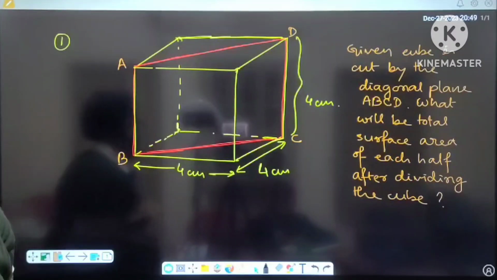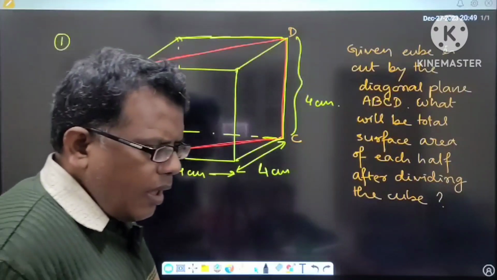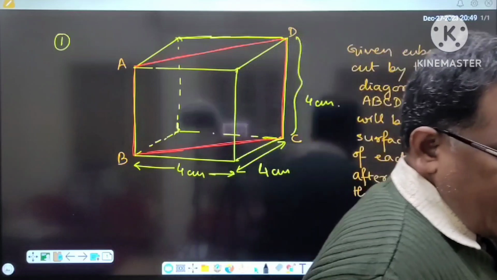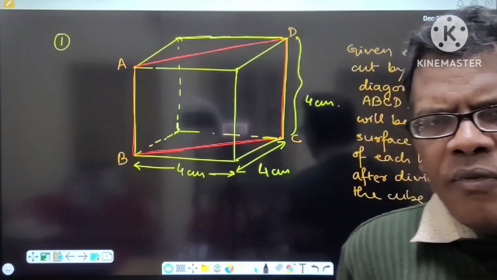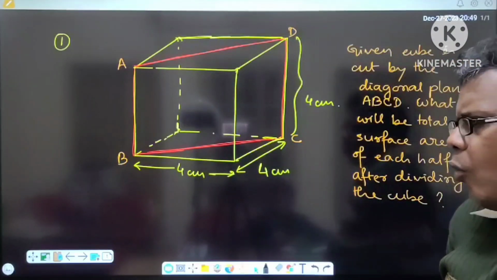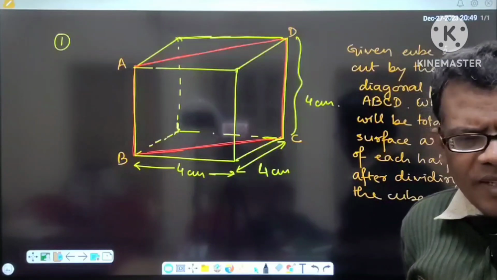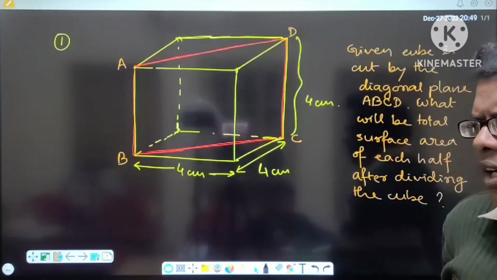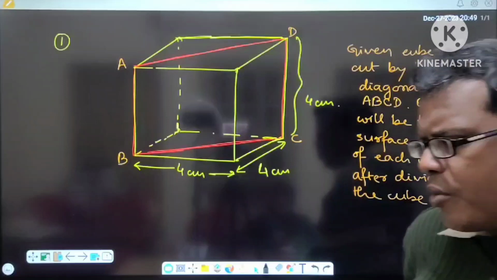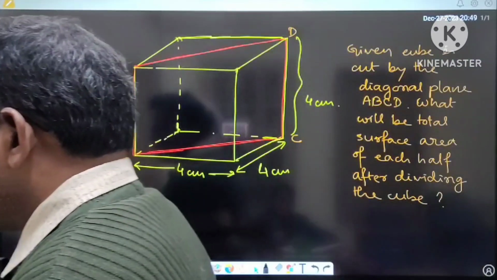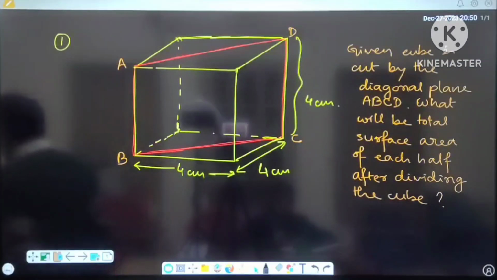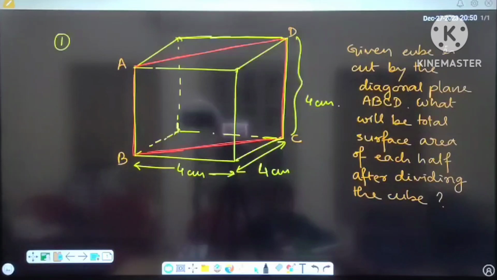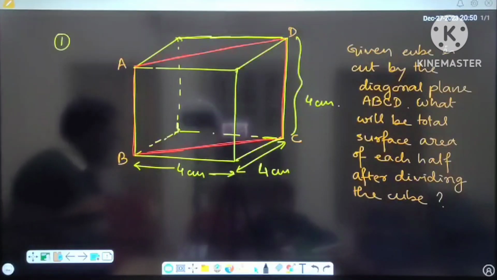First, with the help of the diagram, mark those faces. Is the face a rectangle, square, or triangle, or what kind of shape are you finding on the faces of each part?